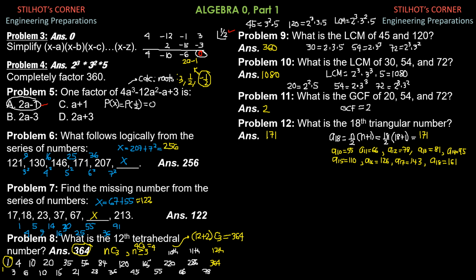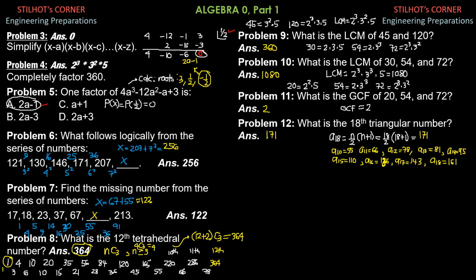55 plus 11, 66 plus 12, 78 plus 13, 81 plus 14, 95 plus 15, 110 plus 16, 126, that's correct, plus 17, 143 plus 18, 161, and 9 times 19 is 171. Why is it wrong?